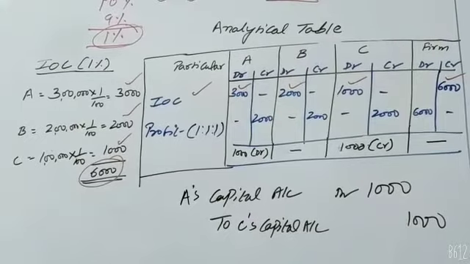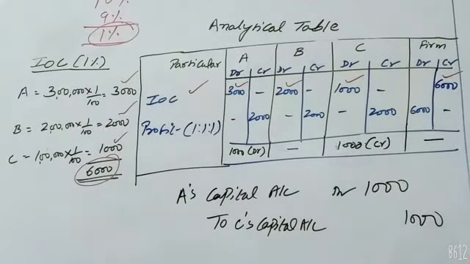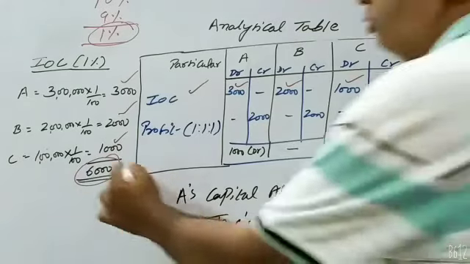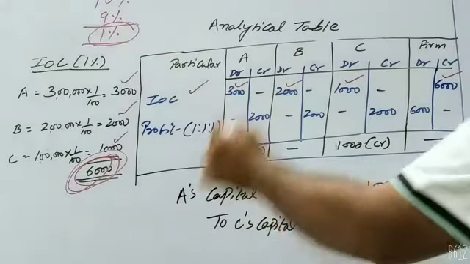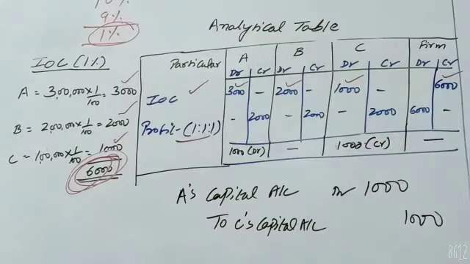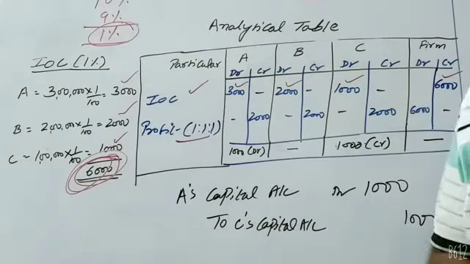Now the extra which we have charged as interest on capital, if it had not been charged, that extra amount, that is 6,000, would be distributed in profit sharing ratio. So we have distributed this 6,000 in profit sharing ratio, and as you know profit is credited to partners' capital account.